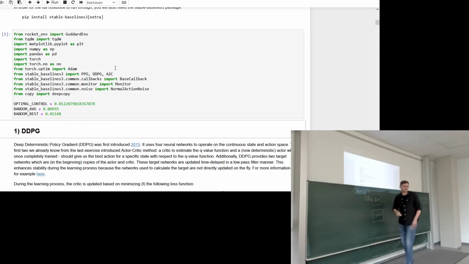But basically the states go into the actor, and what goes out of the actor? The action, exactly. So A, or if you're coming from control, then the action is usually called U. So this is the task of the actor. You throw in where you are, which is the state of your environment, and you get out what you should do, the action that you should take in your environment.